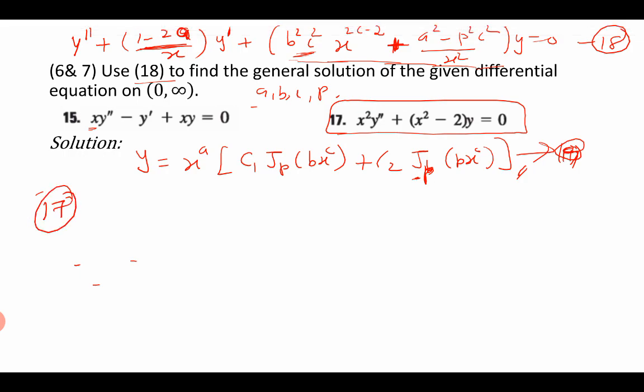Problem number 17. We don't want a coefficient for y double prime, so divide by x squared. What do you get? y double prime plus (1 minus 2) over x squared times y is equal to 0. There is no y prime. And we have to compare everything with the coefficient of y.